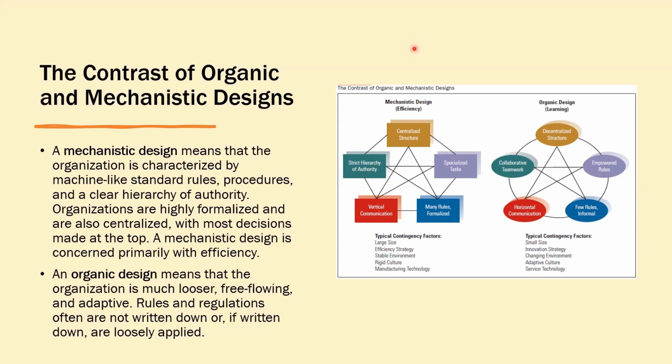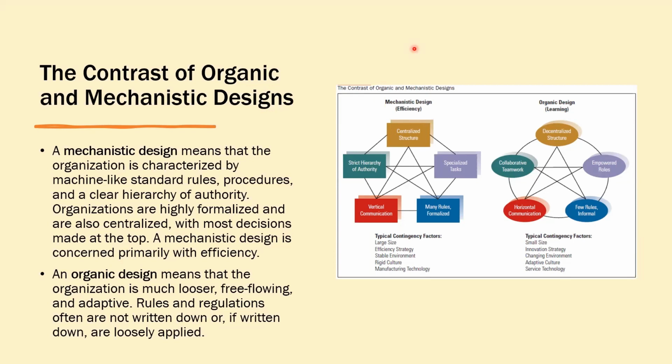Organizations are highly formalized and are also centralized, with most decisions made at the top. A mechanistic design is concerned primarily with efficiency, getting the job done in the right way first time. An organic design means that the organization is much looser and more relaxed, free-flowing, and adaptive. Rules and regulations often are not written down, or if written down, they are loosely applied.